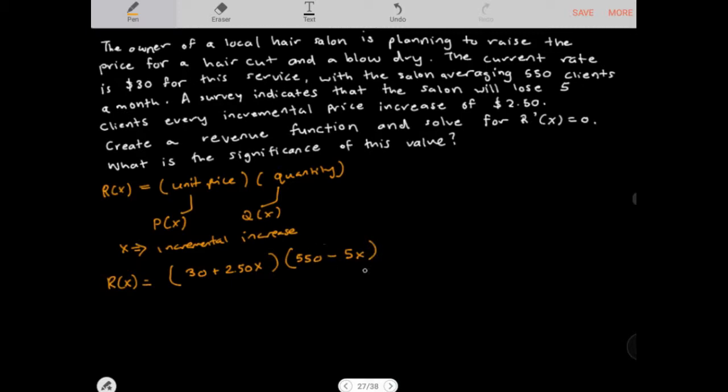So you can understand how x acts as an increment that changes the quantity sold and the unit price itself. Now this looks like a product of two functions, right? R of x is equal to P of x times Q of x, and we want to figure out R prime of x equal to 0. We're going to ask ourselves what that really means. So let's first figure out what R prime of x is.